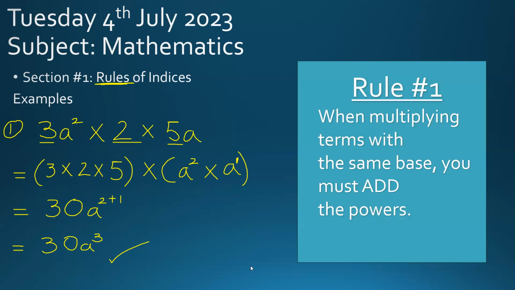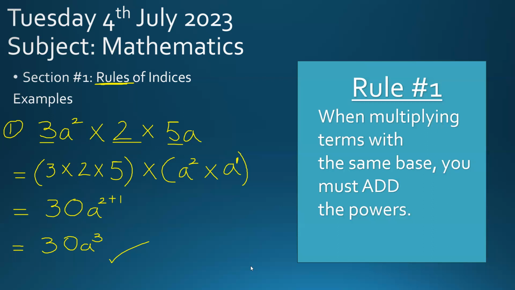For the multiplication of the numbers, we got 38 to the power 2 plus 1, and at the end we got 38 to the power 3. The 3 came from the 2 plus 1. So we had to multiply the numbers first, and once we finish multiplying the numbers, we go on to the letters.